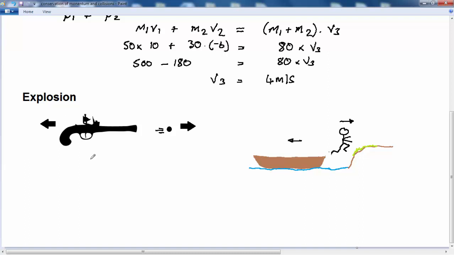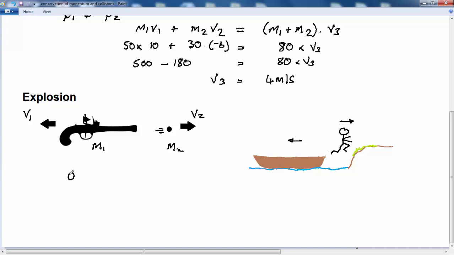Okay, let's just look at one of these situations. Look at the situation with the old-fashioned gun here. So we have the gun has a mass m1, the bullet has a mass m2, the gun recoils with a velocity v1, and the bullet is fired with a velocity v2. And so what can we say about the momentum in this situation, where it's an explosion, is that the momentum before the bullet is fired is equal to 0.